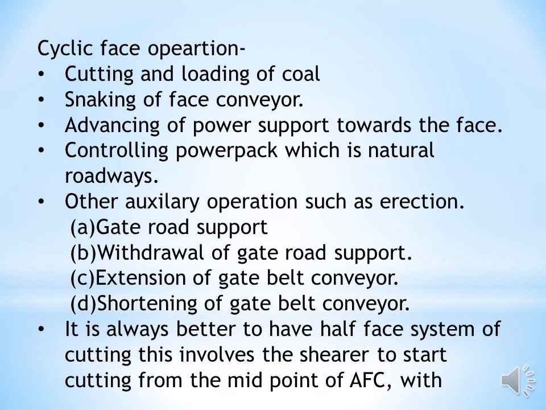Then controlling the power pack. Next are other auxiliary operations such as erection of gate road support, withdrawal of gate road support, extension of the gate belt conveyor, and shortening of the gate belt conveyor.